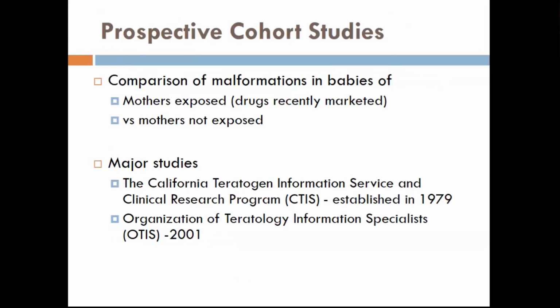Major studies are CTIS, the California Teratogen Information Service and Clinical Research, and OTIS. You have websites for that, and on the website you can click and find out whether research has been done on these drugs, exposed or non-exposed, and you can get results out of it.